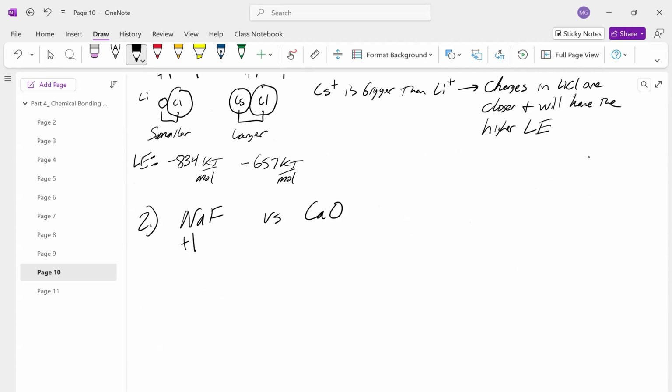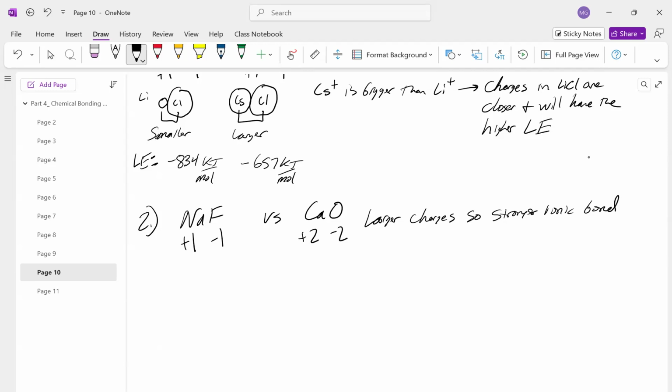Fluoride is a halogen, always -1. Calcium is in the second column, and oxygen is always -2. So calcium oxide has larger charges, both of them are 2, so it's going to have the stronger ionic bond.